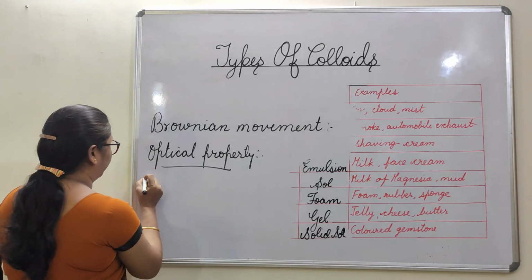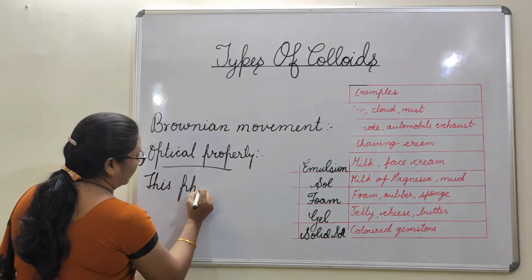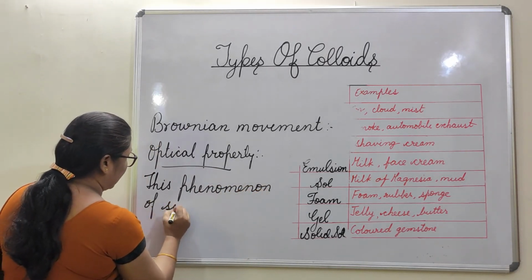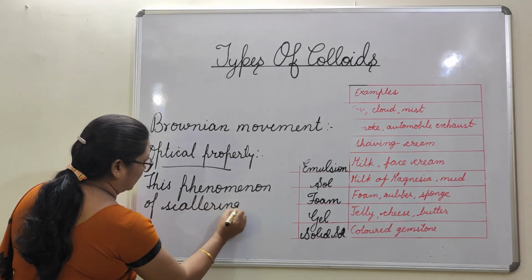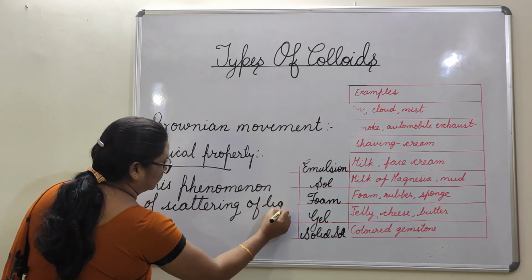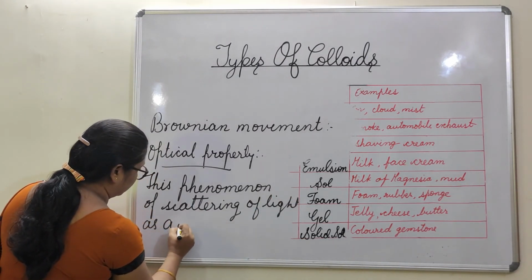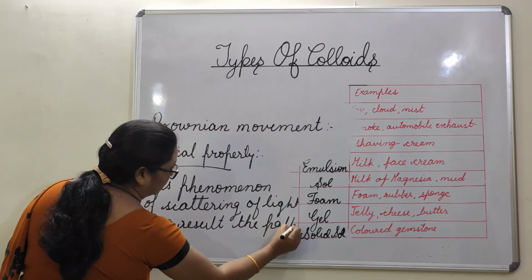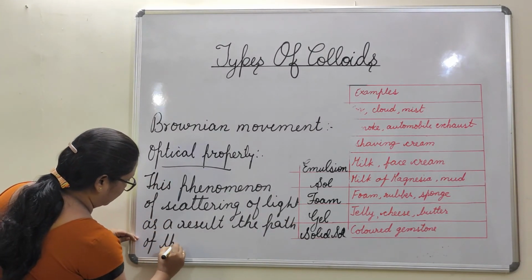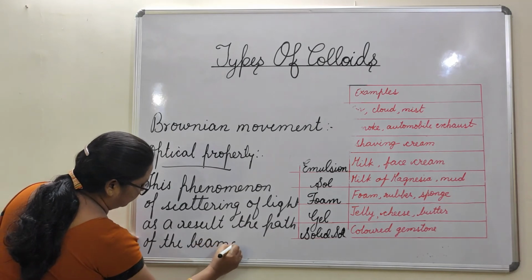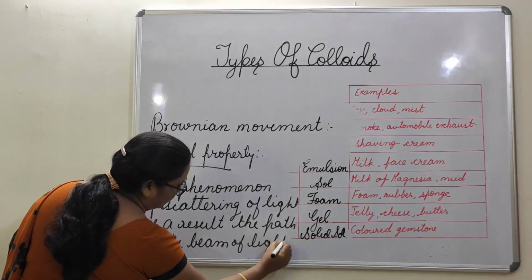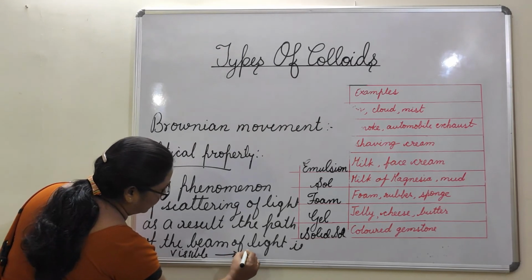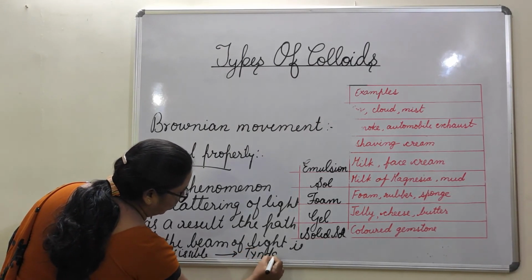This phenomenon of scattering of light, as a result of which the path of the beam of light is visible, is called the Tyndall effect.